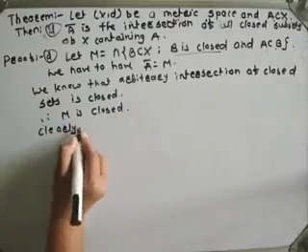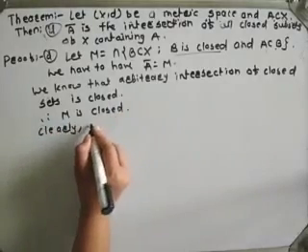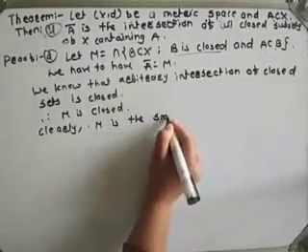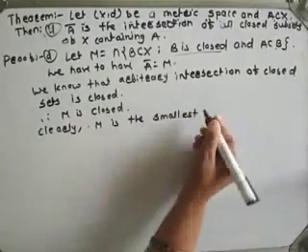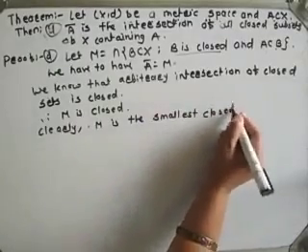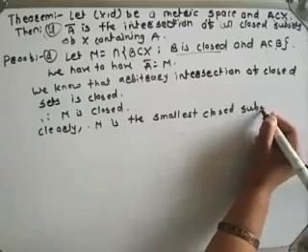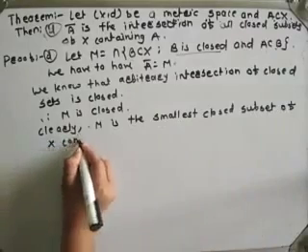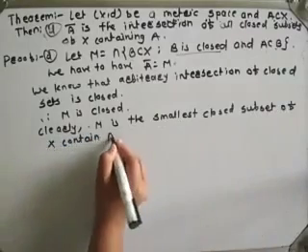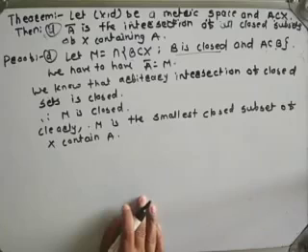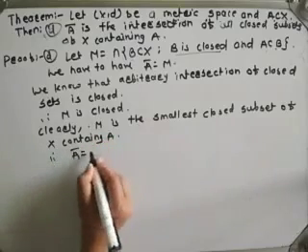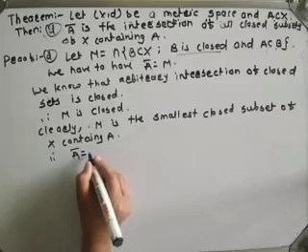Clearly, M is the smallest closed subset of X containing A. Therefore, A closure is equal to M.